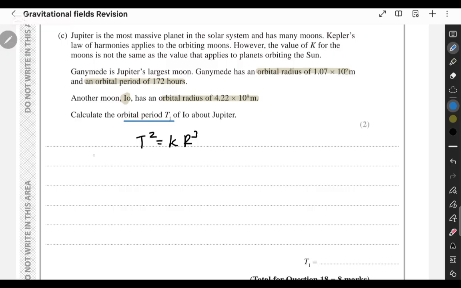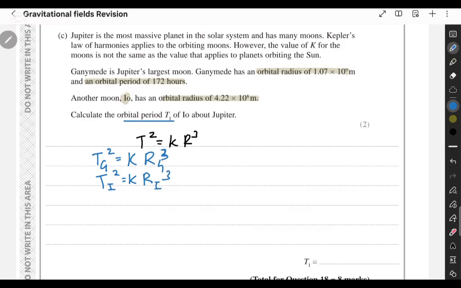So let's write: the orbital period of Ganymede squared equals k times the orbital radius of Ganymede cubed, and the time period of Io squared equals k times the orbital radius of Io cubed.